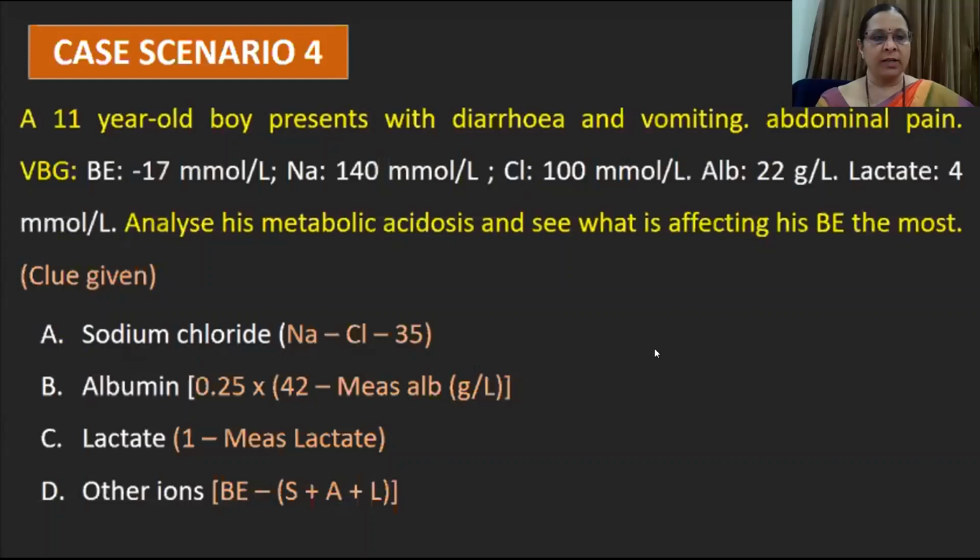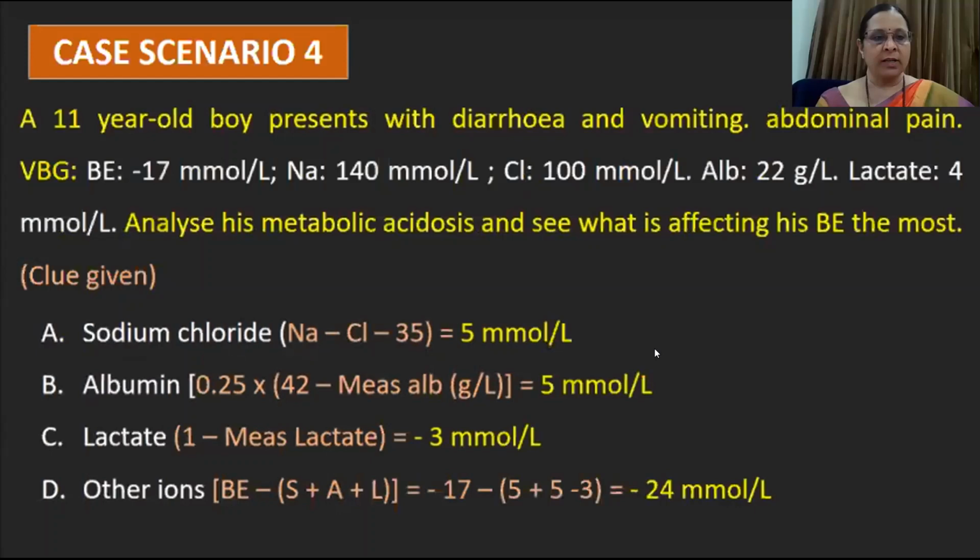So that will be minus 17 minus sodium chloride, here we got it as 5 millimoles per liter, then albumin again 5 millimoles per liter, and then lactate is minus 3 millimoles per liter. So minus 17 minus 5 plus 5, 10, 10 minus 3, 7. Minus 17 minus 7 will give you minus 24 millimoles per liter.